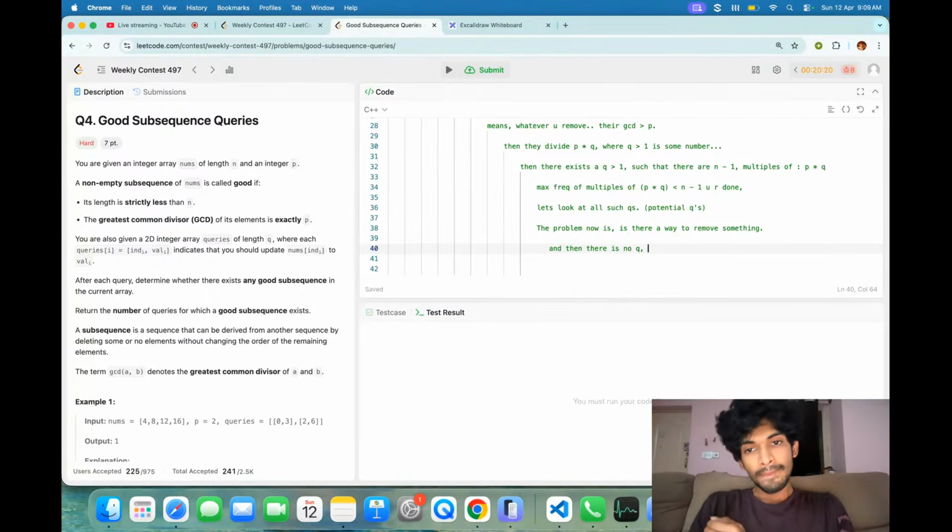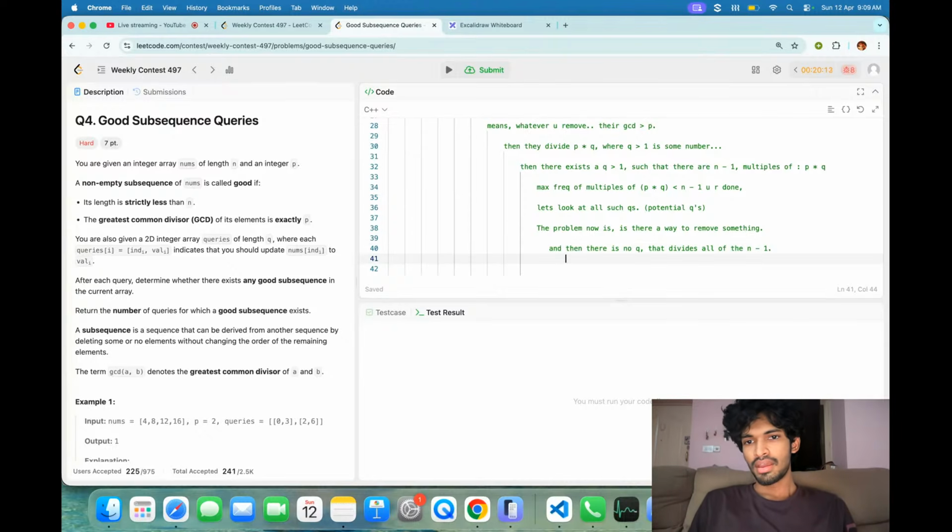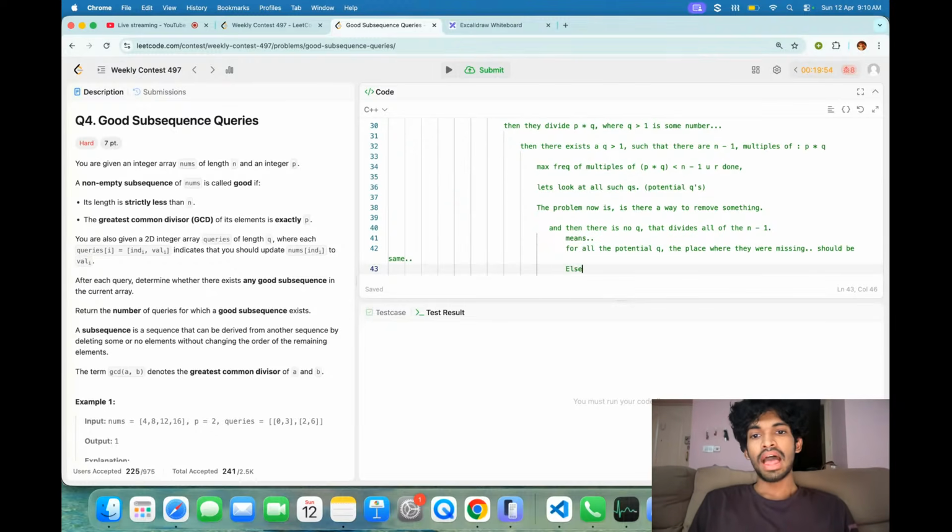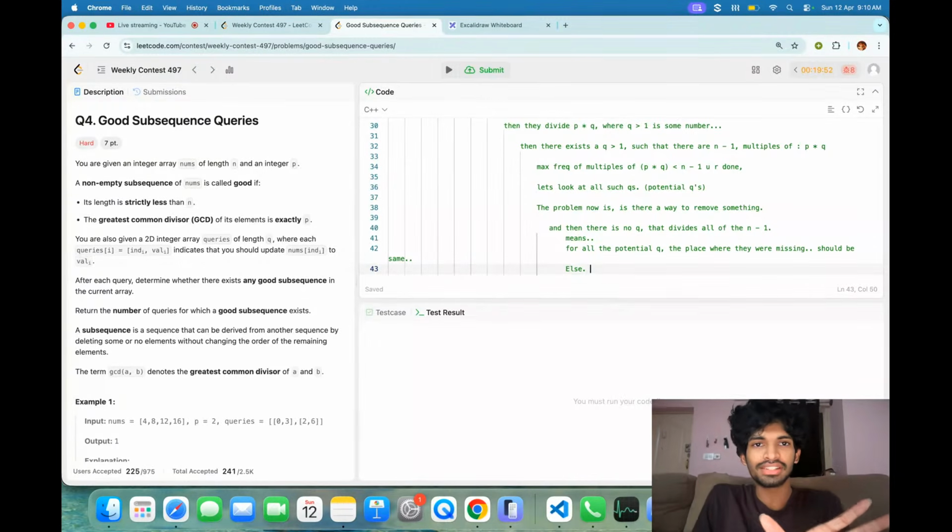So there is no queue that divides all of the n minus 1. Means for all the potential q, the place where they were missing should be the same, else there is no such thing, right?